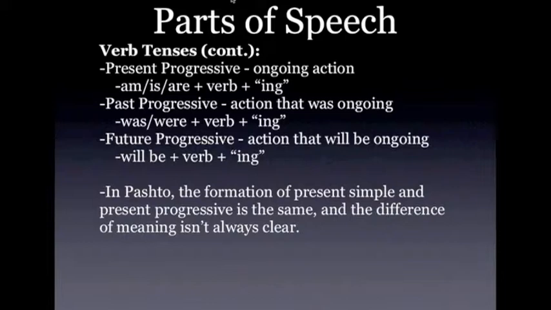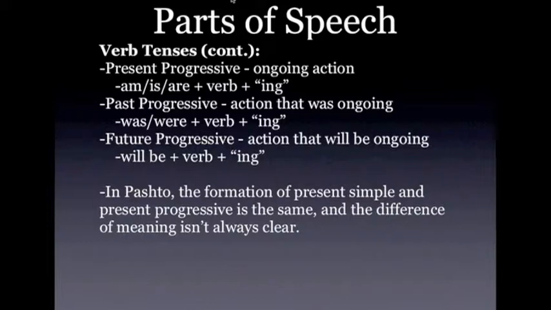Now we're going to talk about progressive tenses. Present progressive indicates an ongoing action. So am, is, or are plus the verb plus ing makes present progressive tense. If I say, I am running, that's a progressive verb, a present progressive verb.